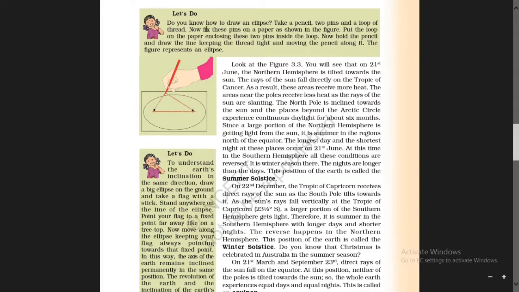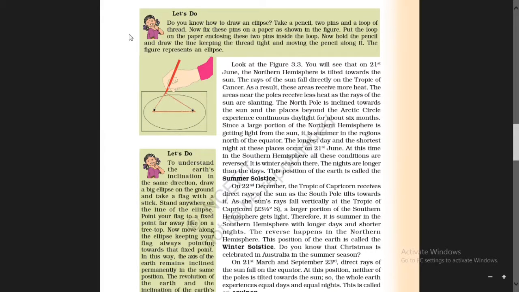Now fix these pins on a paper as shown in the figure. Towards your left margin, you can see how it is drawn here. So you need to take a pencil, 2 pins like alpine, and a loop of thread.